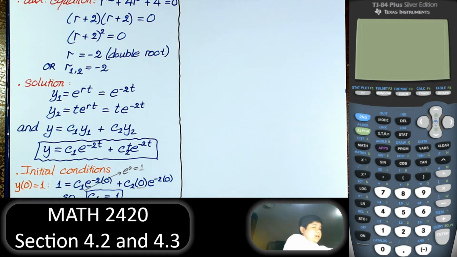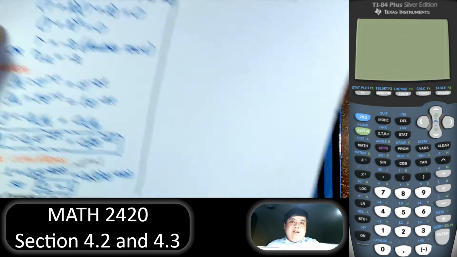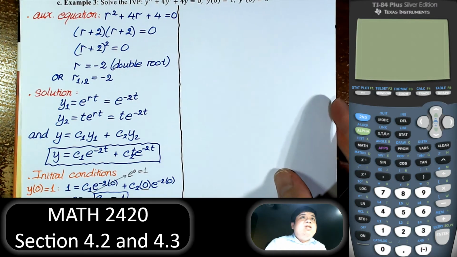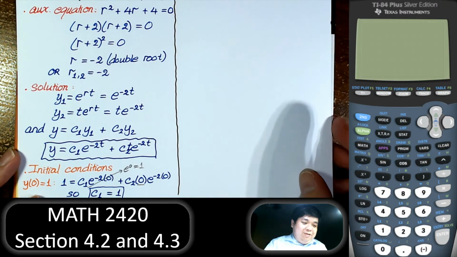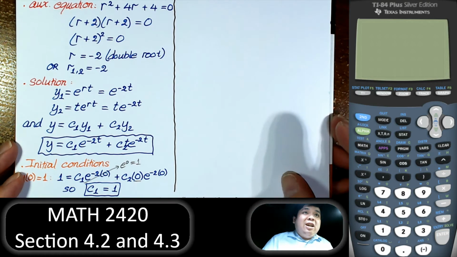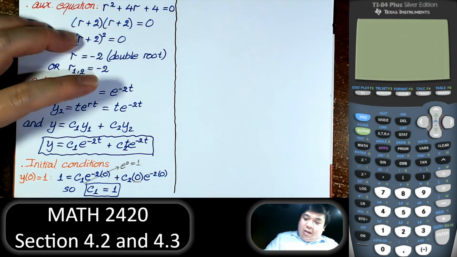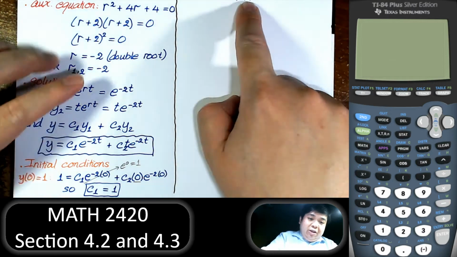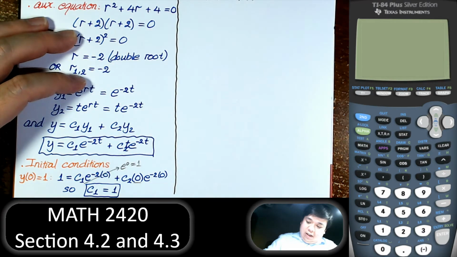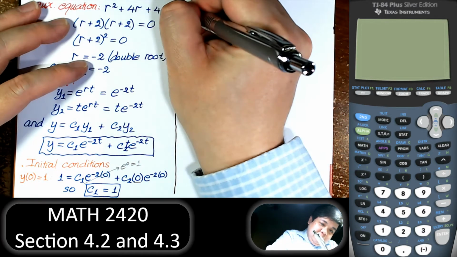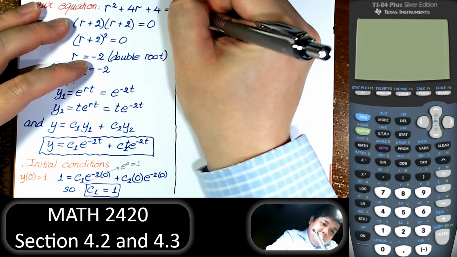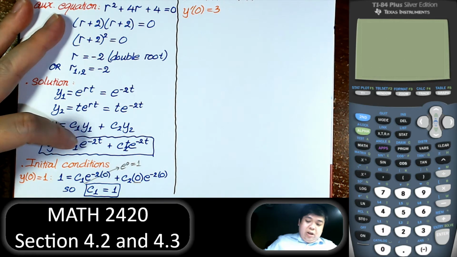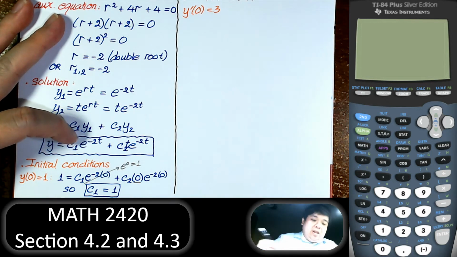I need to zoom out. So, is that better? Yeah. So that is one of them. Now the other case is where the derivative is equal to 3. So if this is the solution, I will just take the derivative of it.